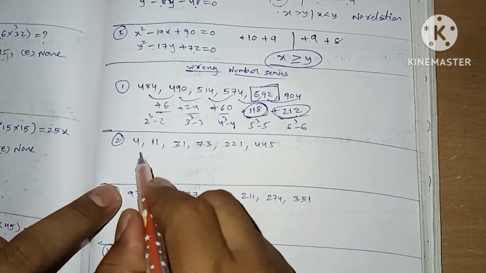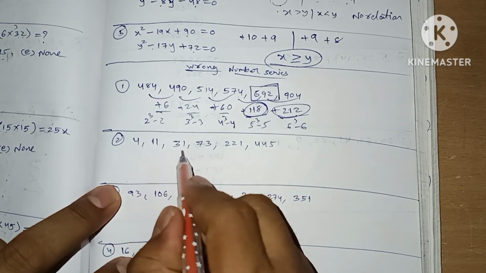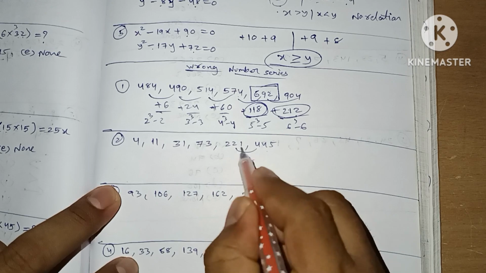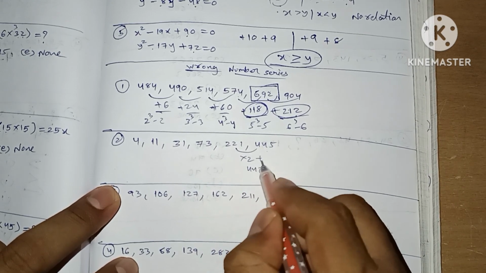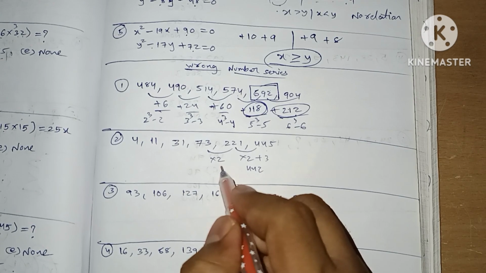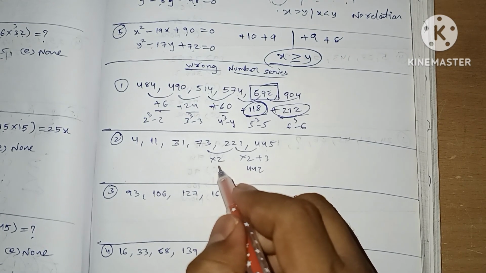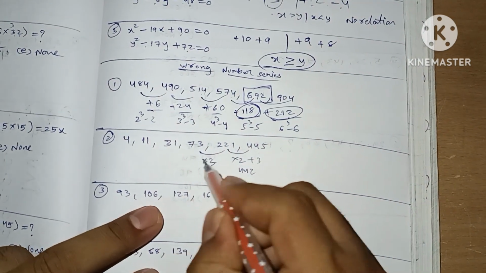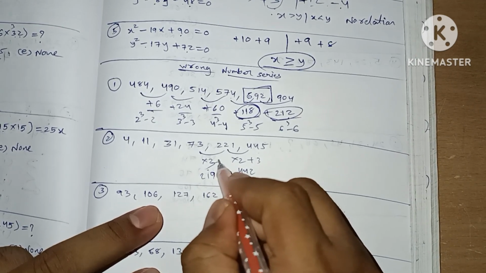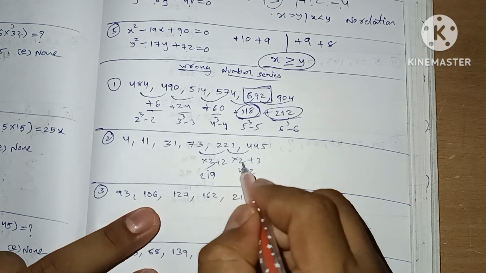Next, here we see it is into 2 times, we get 442 plus 3. Sorry, it is into 3 times, which will be 9 and 21 plus 2. So into 3 plus 2, into 2 plus 3.